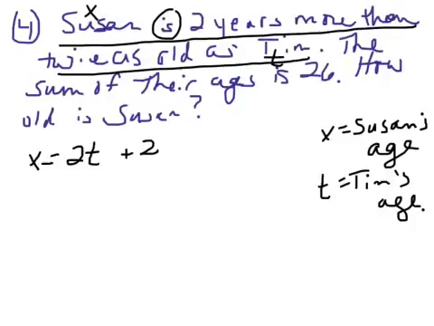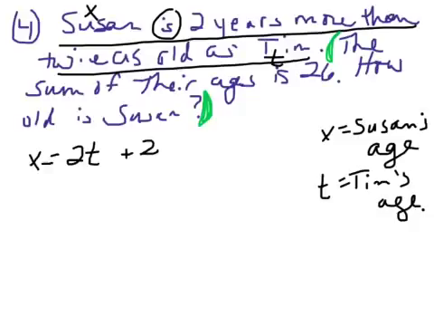But then there's another one. Yay, right? Now, if you remember on these, what we usually do is when we see the sum of their ages is 26, that's the main one I'm going to look at. And I'm going to use the one I just made to plug in and replace something, okay? What does sum mean? It's adding, right?